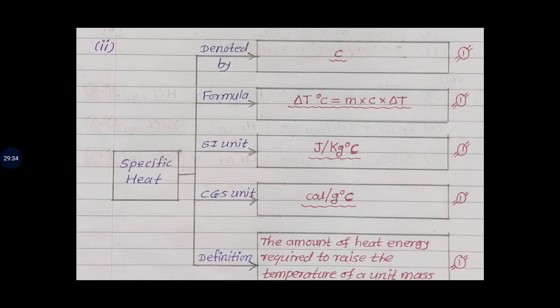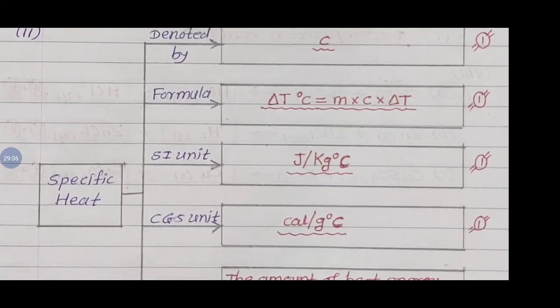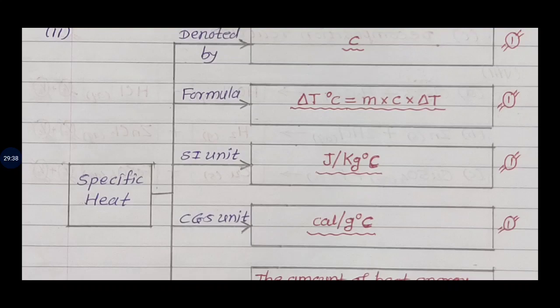Its formula is Q equals m multiplied by c multiplied by delta T. m means mass of that substance, c is the specific heat, and delta T is the increase or decrease in temperature. SI unit is joule per kilogram degree Celsius, 1 mark.